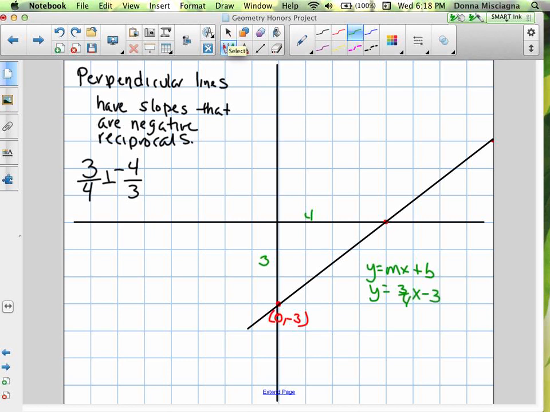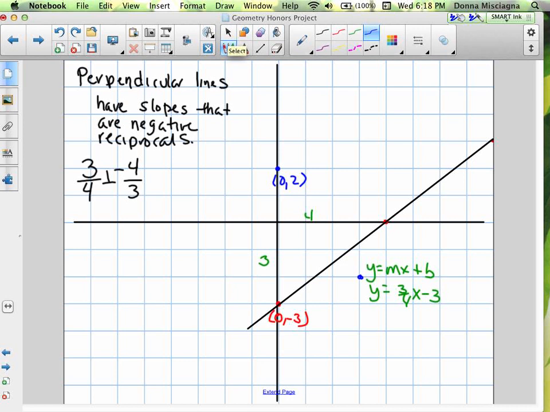All right, now let's graph the other one. I'm going to put that right here. At (0, 2), it has a slope of -4/3, which means I go down 4, 1, 2, 3, 4, to the right 3, 1, 2, 3. And I can do that again, down 4, to the right 3.